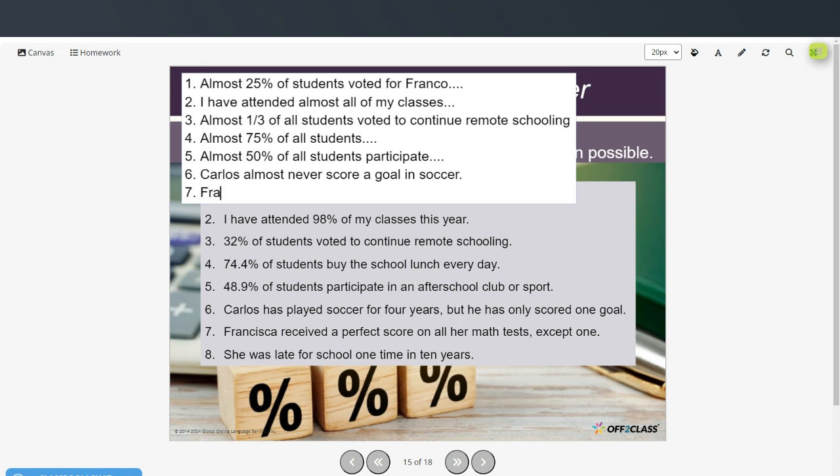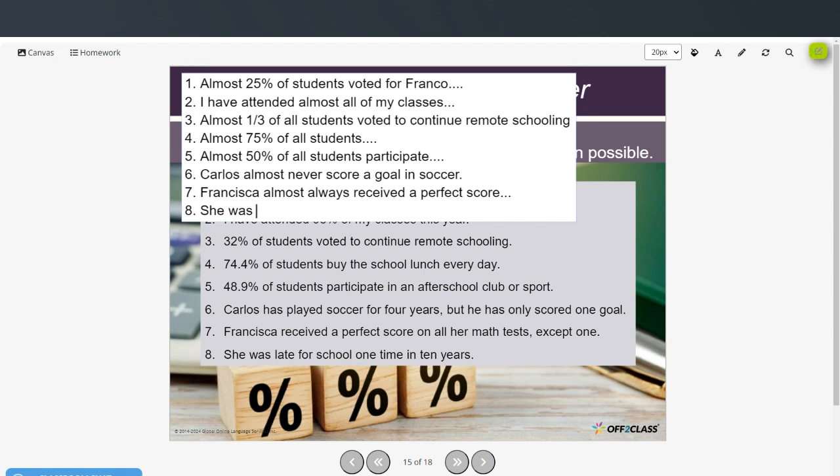So Francisca almost always receives a perfect score. And number 8, she was late for school one time in 10 years. So she was almost never late for school.